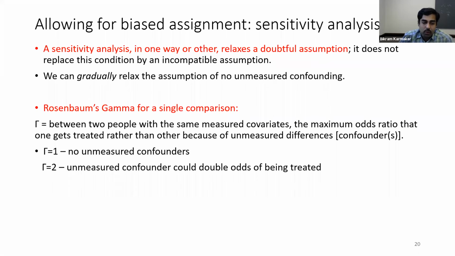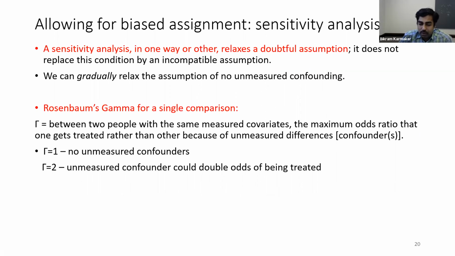So gamma here would mean that between two people with the same measured covariates, the maximum odds ratio that one gets treatment rather than the other because of unmeasured confounder is gamma. So gamma equal to 1 means there is no unmeasured confounding. Those two people, after adjusting for measured covariates, have equal probability of being in the treatment group.